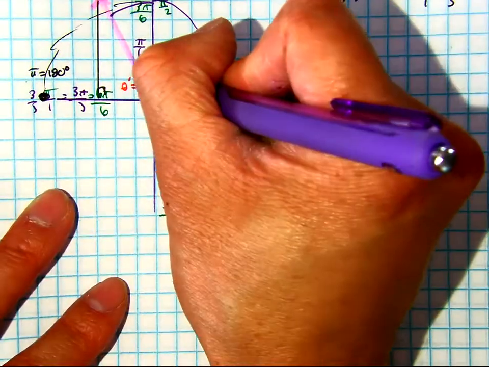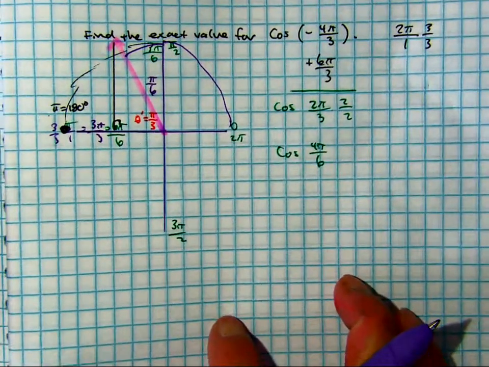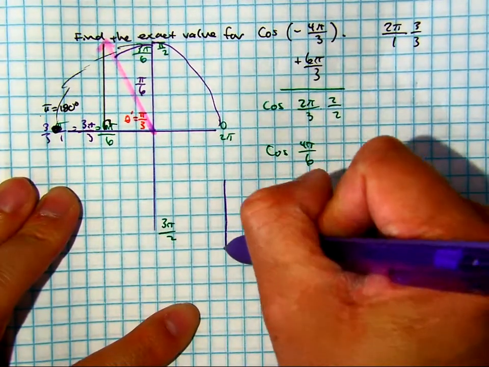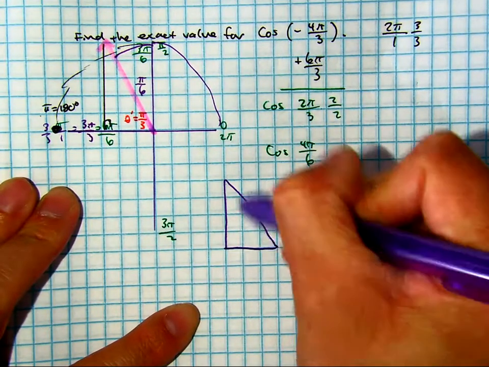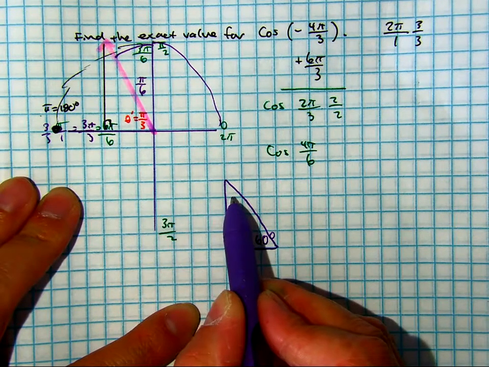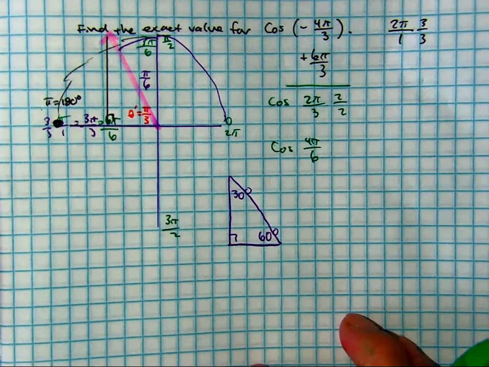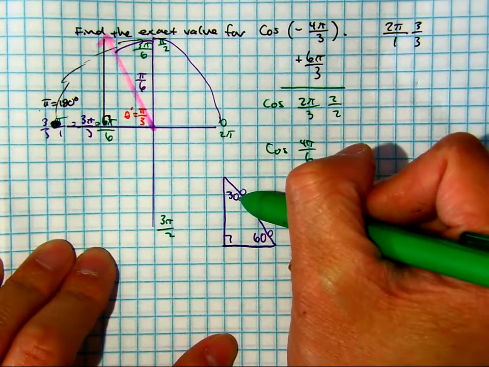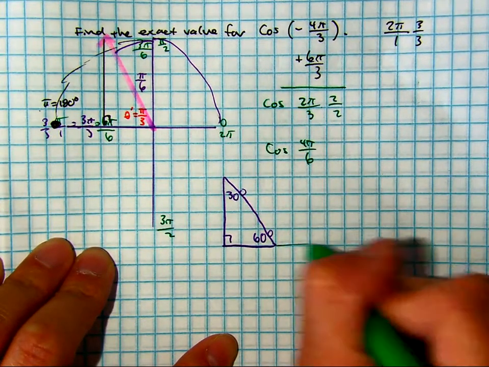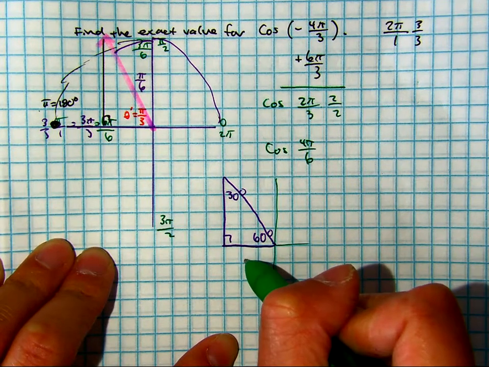What type of triangle, class? It's getting kind of messy, so I'm just going to draw a triangle over here. Class, if this is a 60, this has to be a 30. Look at your notes. Always across a 30, you're going to have a what? 1, 2, or radical 3?